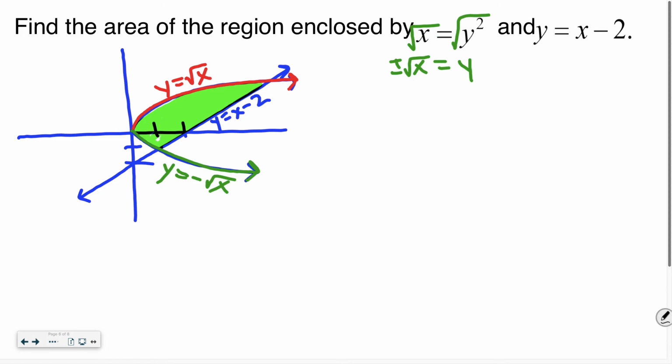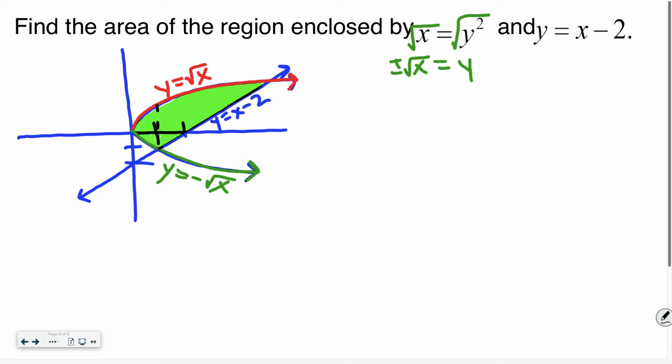You have to split this up into 2 different regions because our function on the bottom switches. So the rectangles over here are different than the rectangles over here. Okay? Where does that switch occur? Okay, so what's the x value of that intersection?